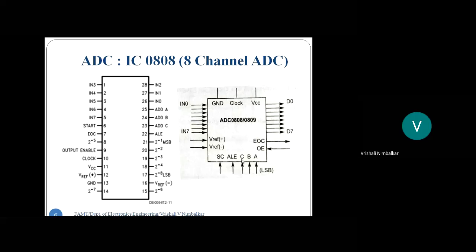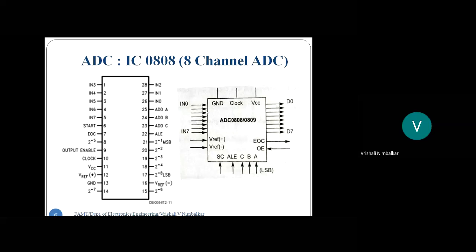These are the 3 address bits, as if like a multiplexer. Whatever number you give here in binary, the corresponding analog input channel will be selected. So if I say it is 0, 1, 1, channel 3 will be selected, IN3. Analog input 3 will be taken for conversion, and its corresponding digital output will be available on D0 to D7. So the digital output is of 8 bits.